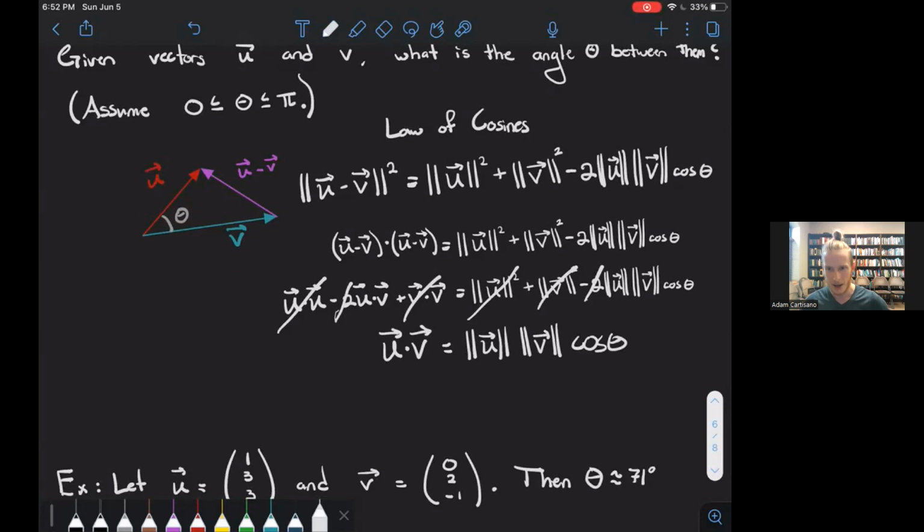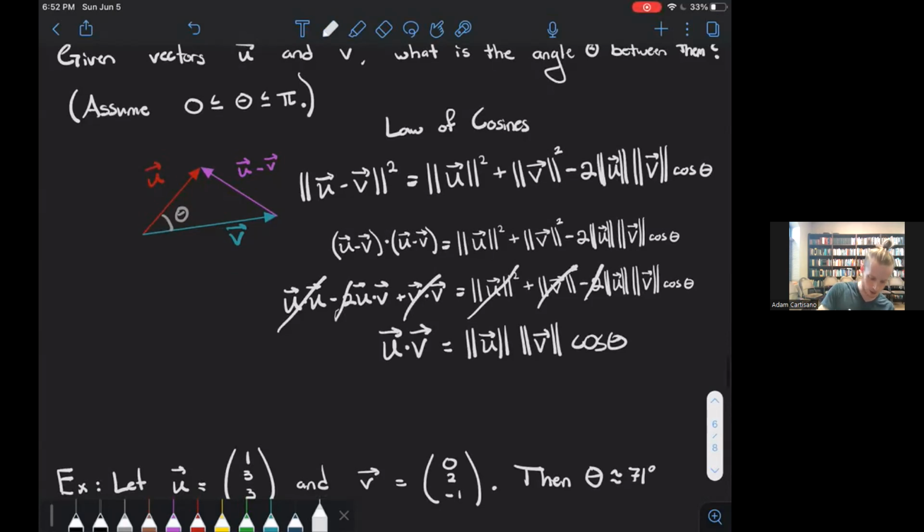So apparently there is a formula for precisely the angle between them. We can state it with the cosine just by dividing both sides by the number being multiplied by cosine in this equation. You just take arc cosine of both sides to find the angle itself. But to find the cosine of that angle, it's a purely algebraic procedure. You dot the two vectors together, take the two norms, and divide one by the other.